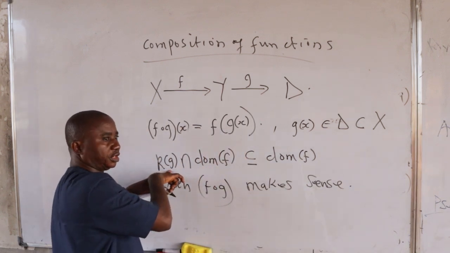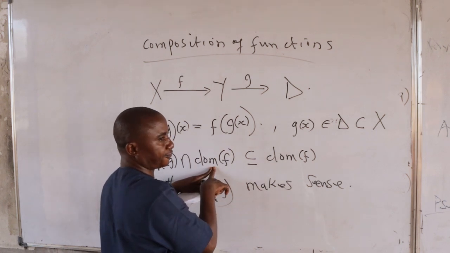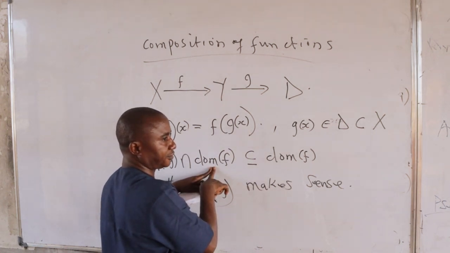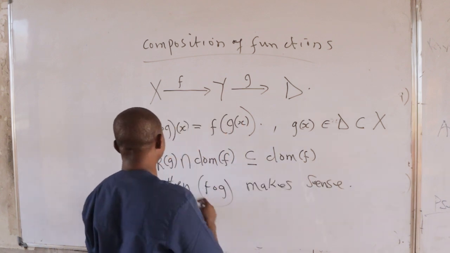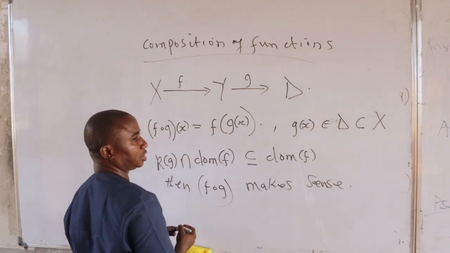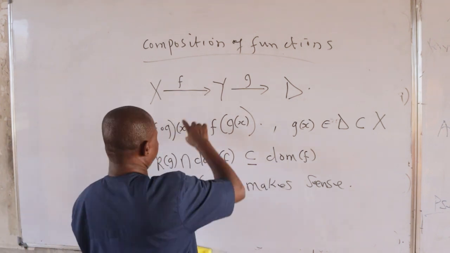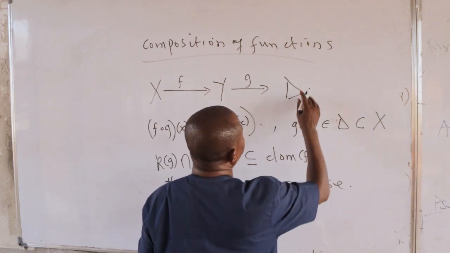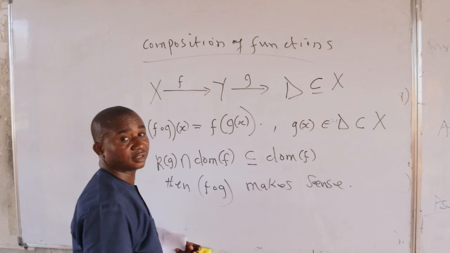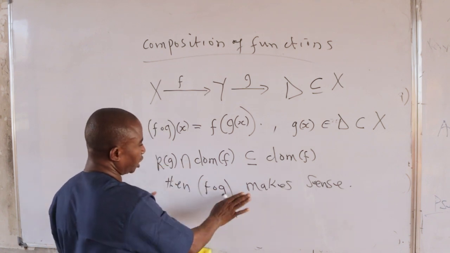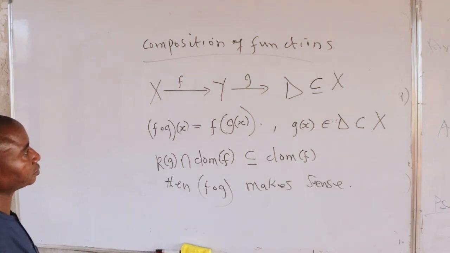If the range of g intersection the domain of f is not a subset of the domain of f, then you cannot talk about this composition. It doesn't make sense. So with this diagram, for this composition to make sense, we demand that this is a proper subset of X, or even the whole of X. Otherwise, there is nothing to give as meaning to f composed with g.